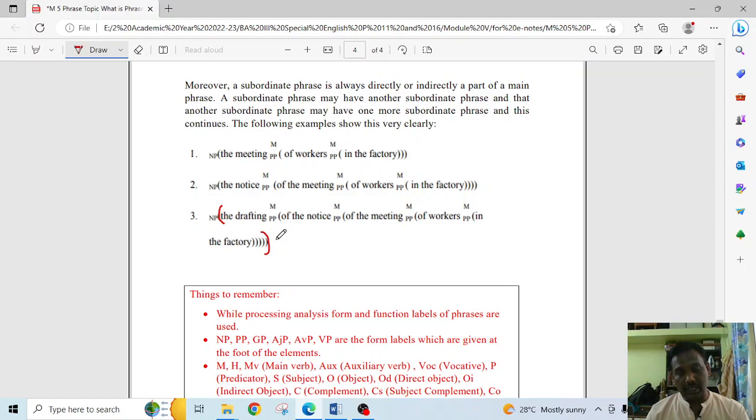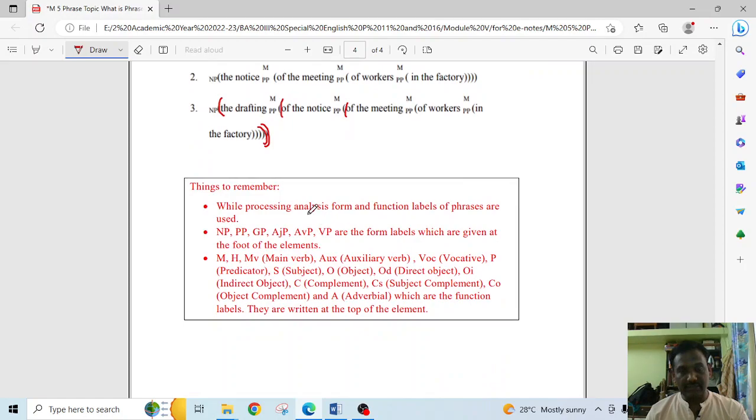But within this large noun phrase, you have first a prepositional phrase that begins with of and ends with factory. Again, within that prepositional phrase you have of the meeting of workers in the factory. So subordinate phrases come as part of the main phrase, they are within that main phrase. So there can be many subordinate phrases.